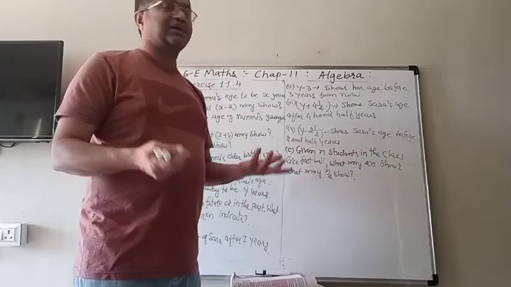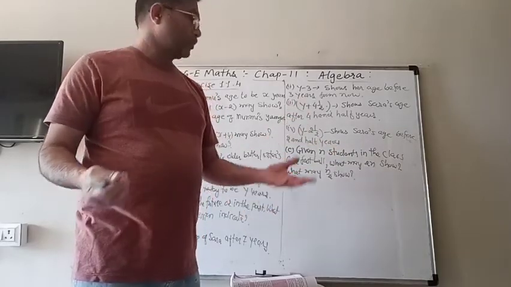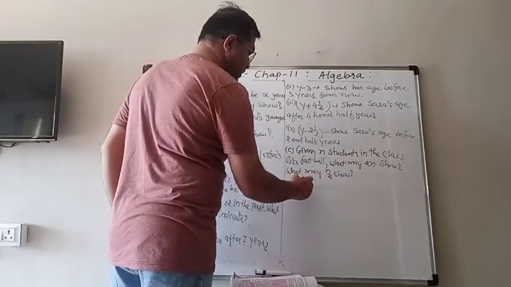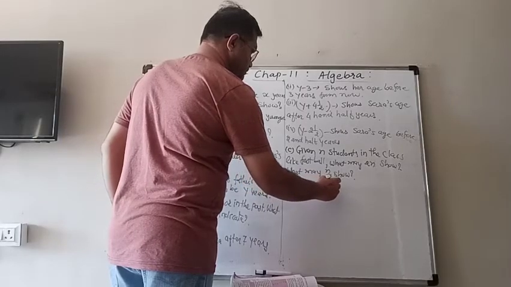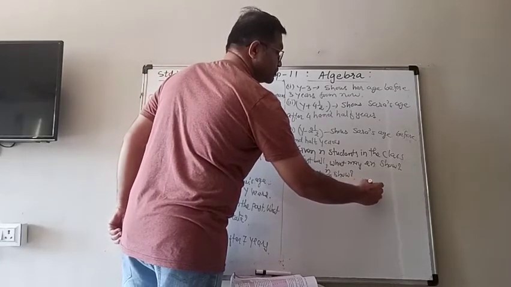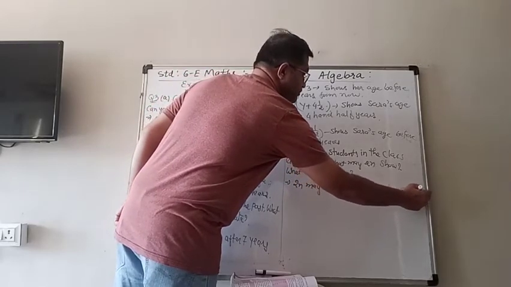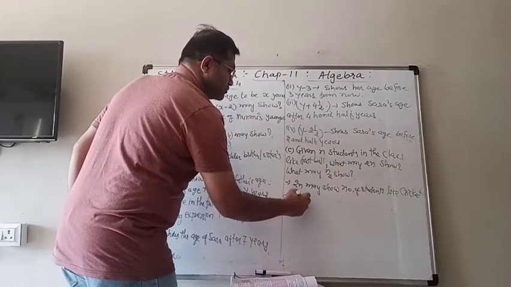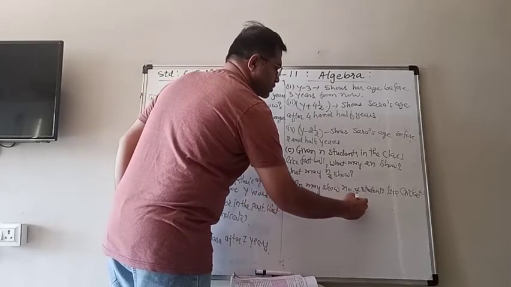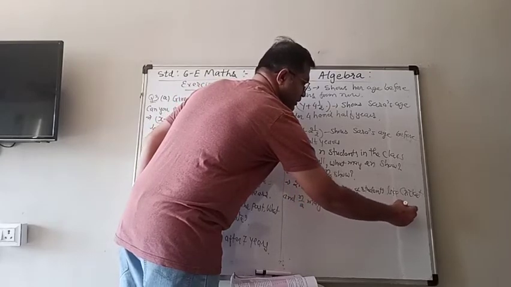So we can say 2n may show the number of students who like cricket, and n by 2 may show the number of students who like hockey.